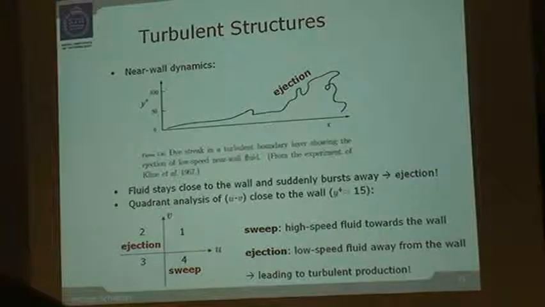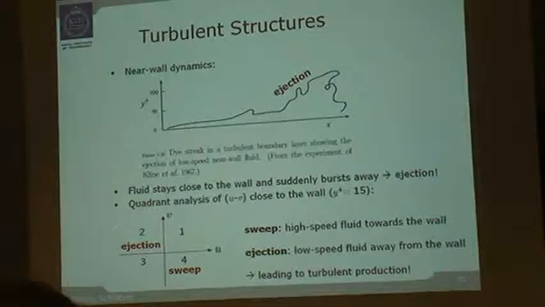Now, if you go back to thinking about the production term, it turned out production is proportional to minus uv times dU/dy. So it is quadrant 2 and quadrant 4 which actually produce turbulent kinetic energy, which here is giving a positive production in the turbulence.